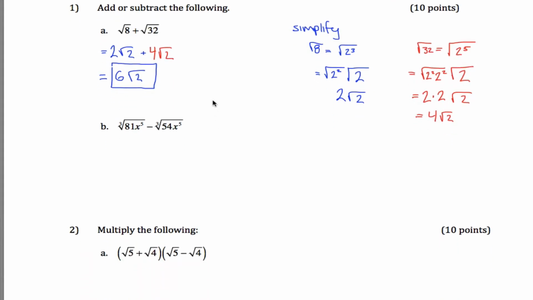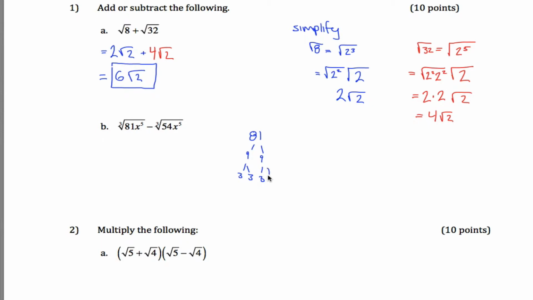On the next problem, we essentially do that same thing. We're going to need the prime factorizations of 81 and of 54. 81 is 9 times 9, and 9 is 3 times 3.